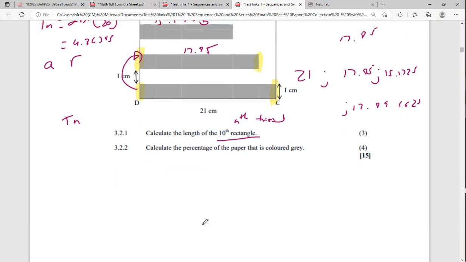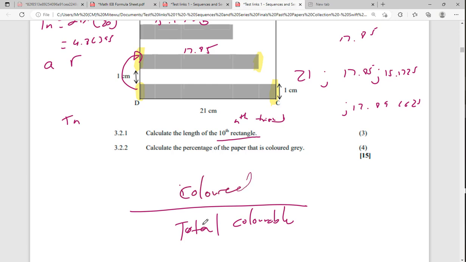When you're trying to find the percentage of the paper that is colored, you have to find the total that could be colored, and then how much of that is colored. Total colorable, and then colored. What's total colorable?